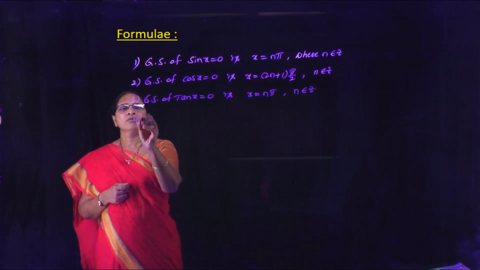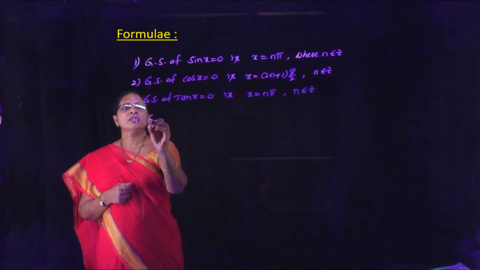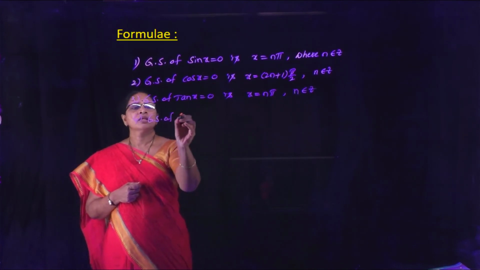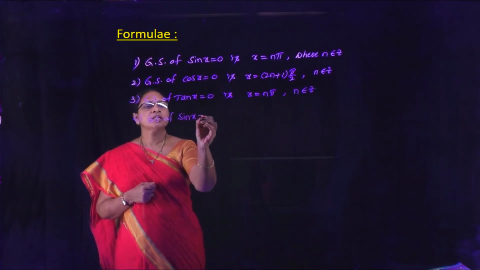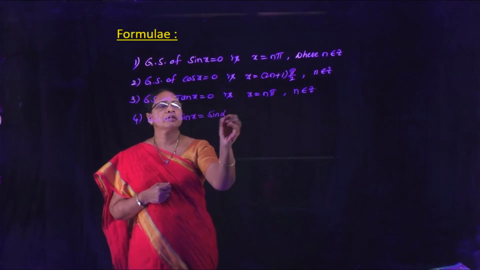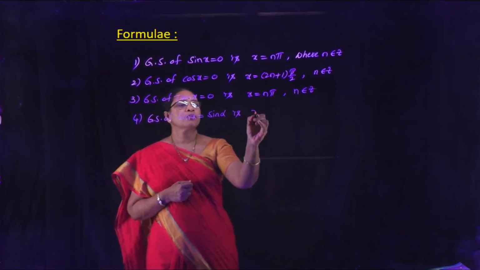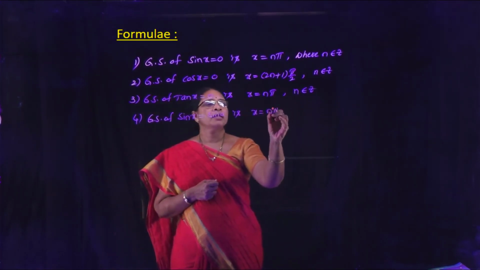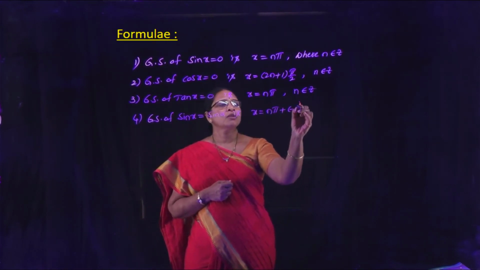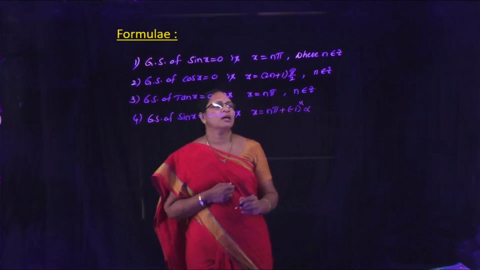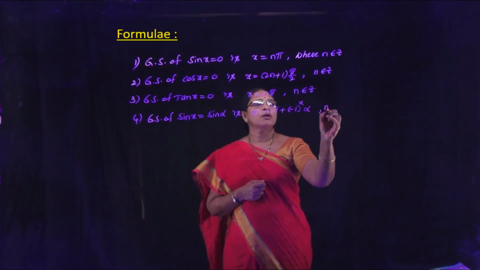Next, fourth one is general solution of sin x is equal to sin alpha is x is equal to n pi plus minus 1 whole to the power of n alpha, where n belongs to z.